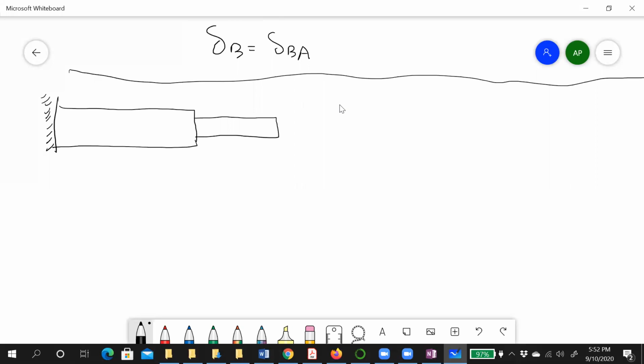We have one force here, which is 50 kilonewton. I have another force here, which is 75 kilonewton. I also have a force here in this direction, 100 kilonewton, right?